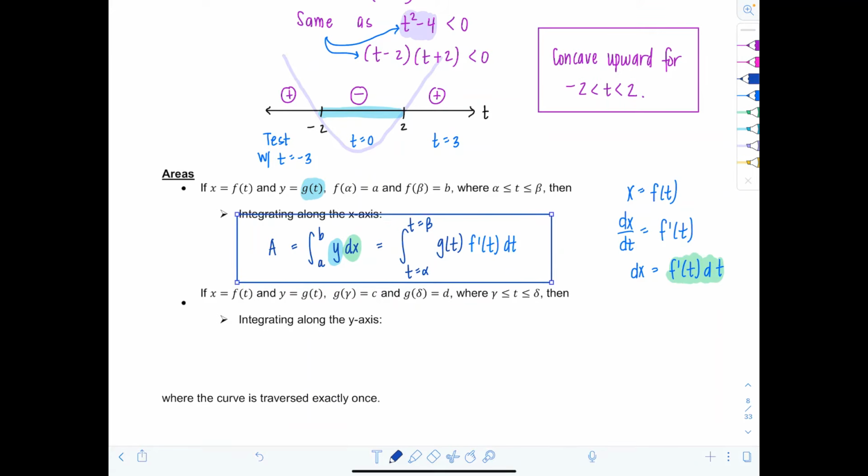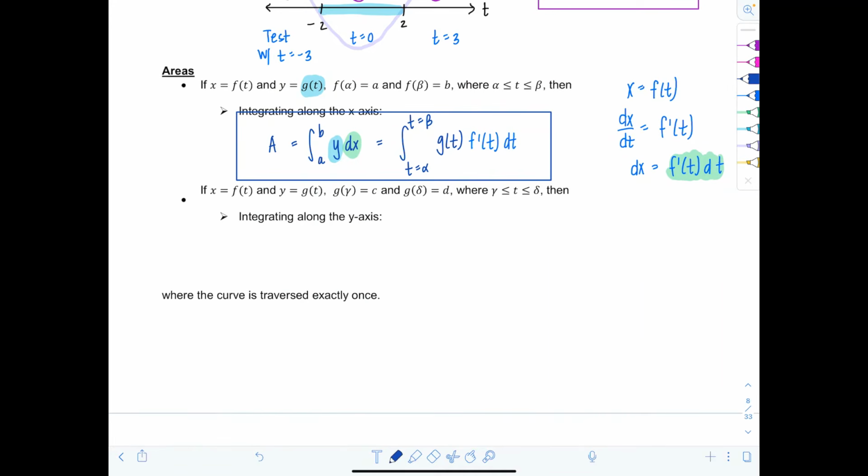Now, it does change a wee bit if we integrate along the y-axis. So you would still have x and y as functions of t. This time you have g of gamma equals c and g of delta equals d, where the limits on t, the parameter, are from gamma to delta. So if we're integrating along the y-axis, now we have the area equals the definite integral from c to d.